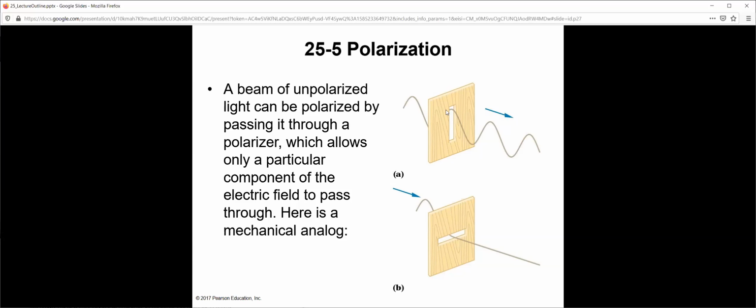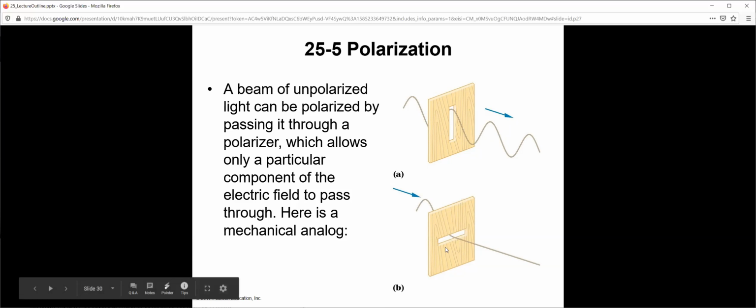You can create small slits, small filters, small lenses that have such tiny separations between what the light can go through and what the light can't go through, a light and a dark section, if you will, that it will prevent light that is not polarized in the direction that you want. As shown here, you've got the string moving up and down. Well, if you try to send this string through this bottom B slit here, it's not going to move up and down. It's going to be stopped, and you're going to lose this up and down effect, right?